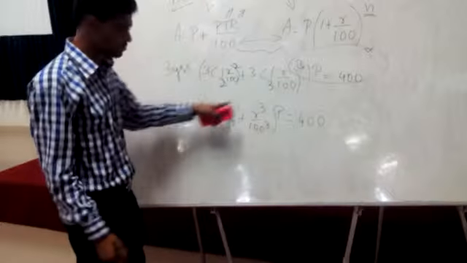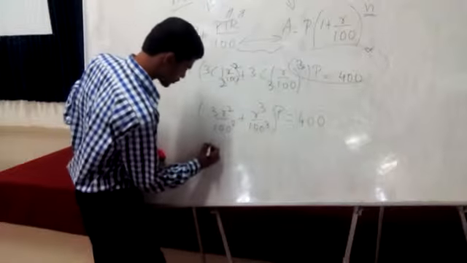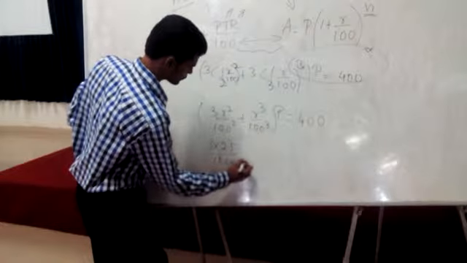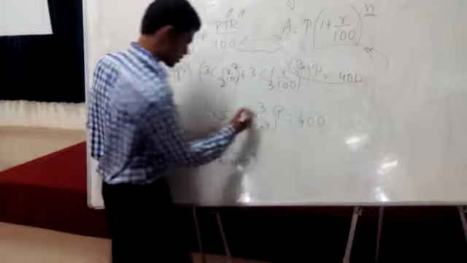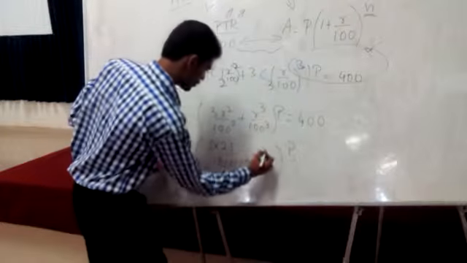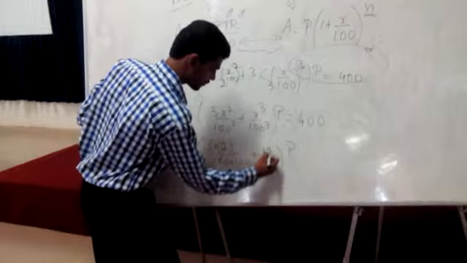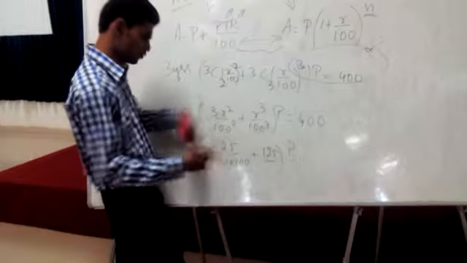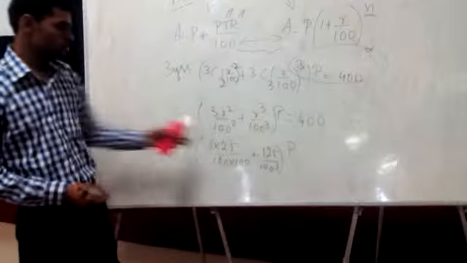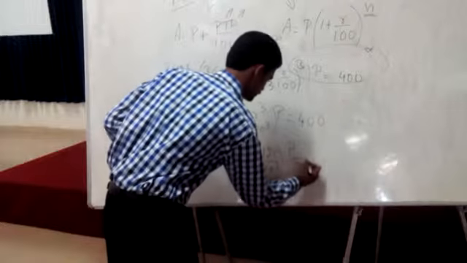So R is 5 square, 25 by 100 square, 3 into 25 by 100 into 100, plus 5 cube, 125, by 100 cube, whole into principal. This should be equal to 400.